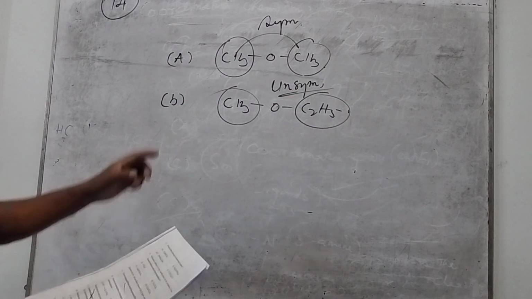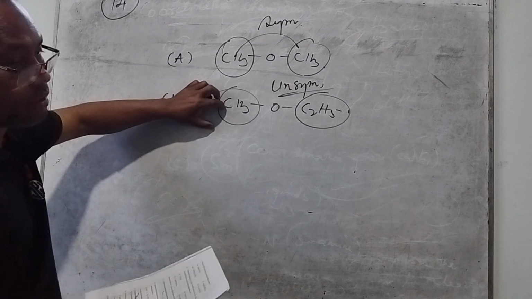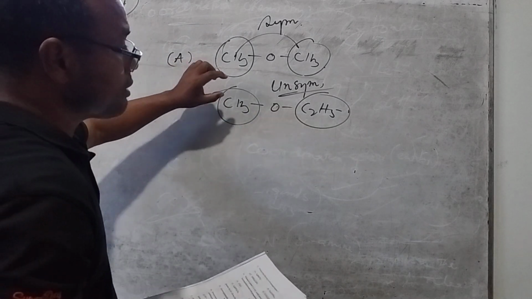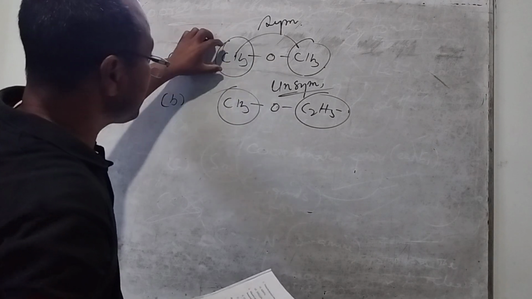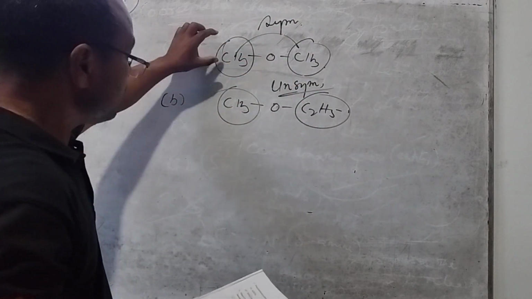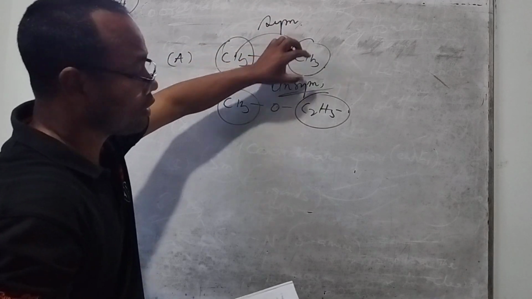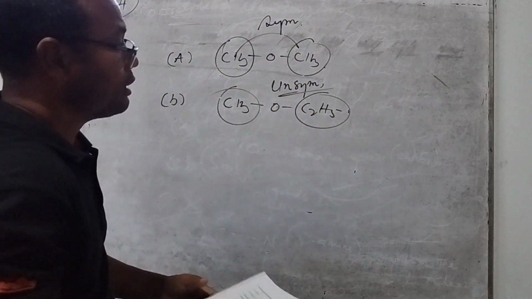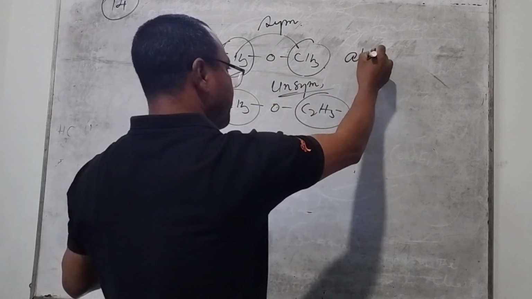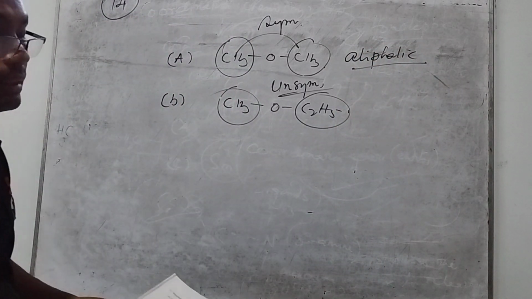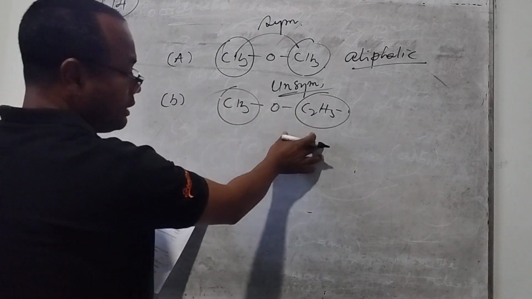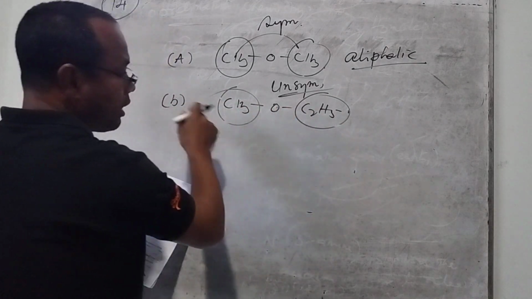So there are symmetrical and unsymmetrical ethers. If it is carbon chains, here also carbon chain, that's what we call aliphatic. This is also an aliphatic ether because this is a carbon chain.